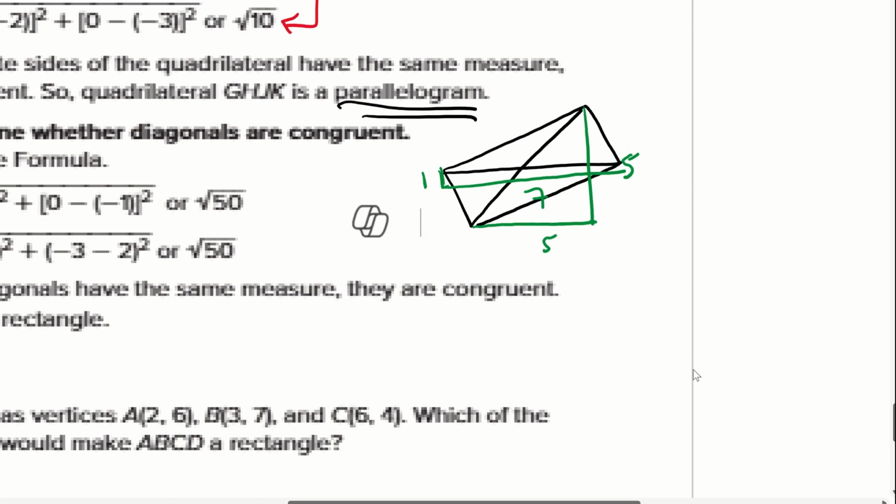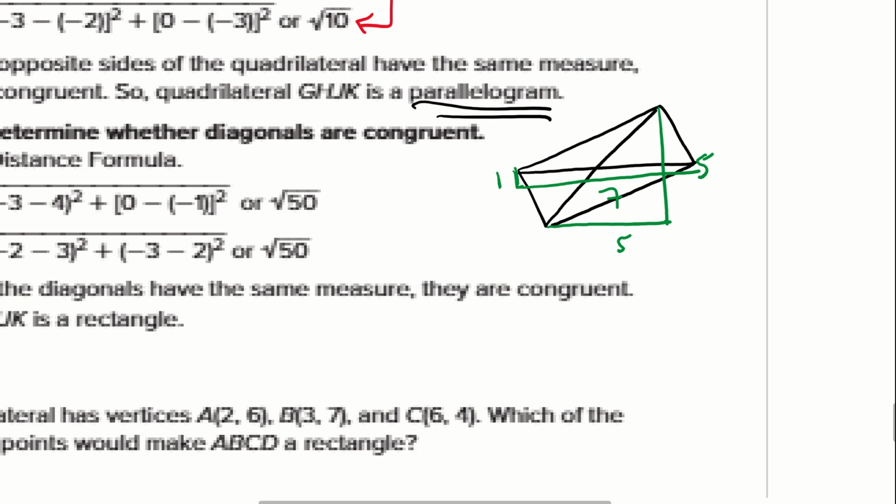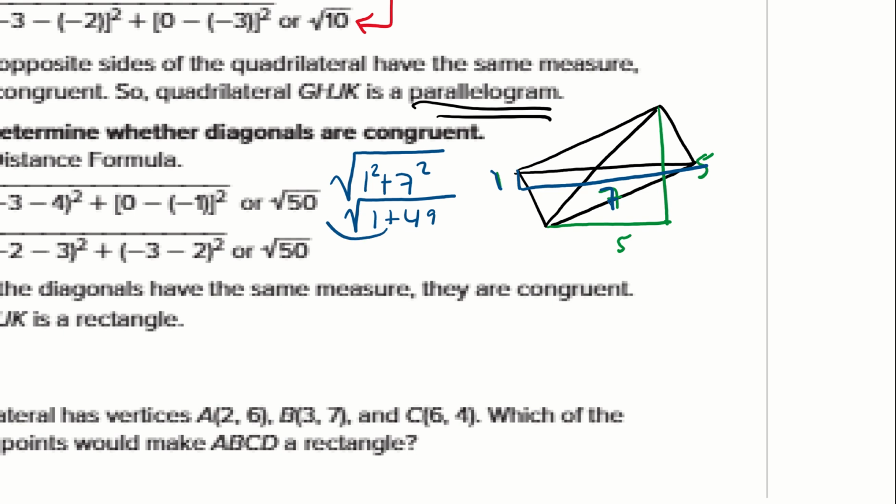Now, if I use the formula, remember the formula that we talked about. Let me do this in blue: 1 and 7, so down 1 over 7. In blue it would be the square root of 1 squared plus 7 squared. 1 times 1 is 1, 7 times 7 is 49, 1 plus 49 is 50.